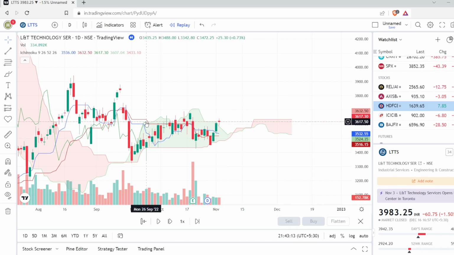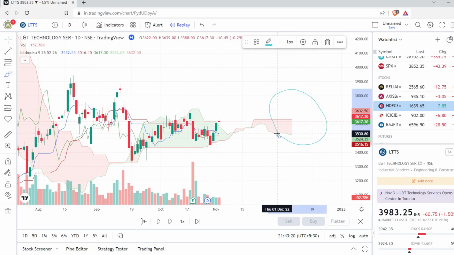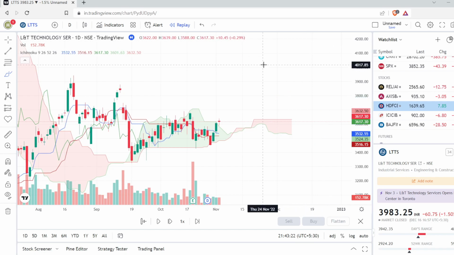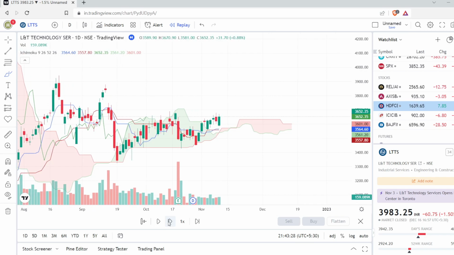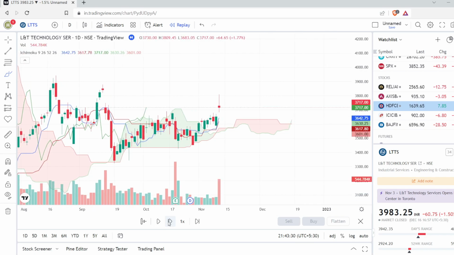The lagging indicator is above the price, but we will have to wait for this forward Kumo to turn green, right? So let's see. The next date was this. We need the forward Kumo to turn green, and on this day it happened. On this day we would take our trade.